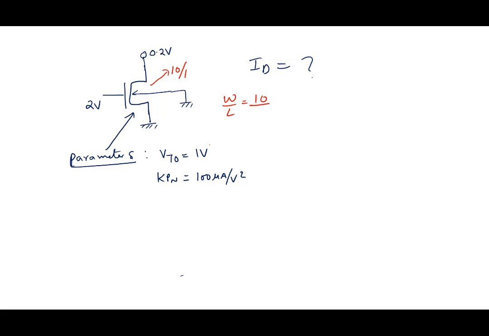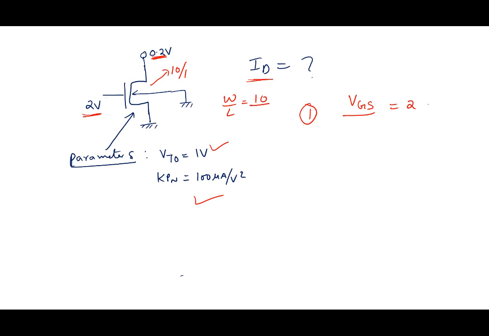So you know VT0, you know kPn, and all the bias values are given, and you have to calculate what is ID. The first thing that you do, before you start, is calculate VGS. That's step number 1. VGS is 2 minus 0.